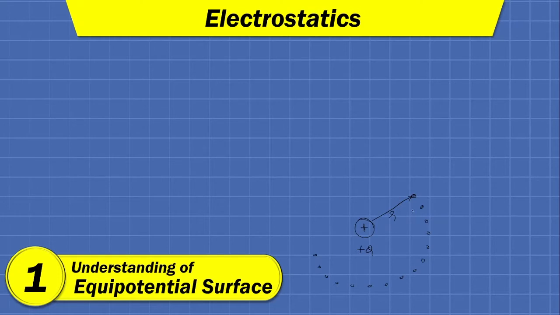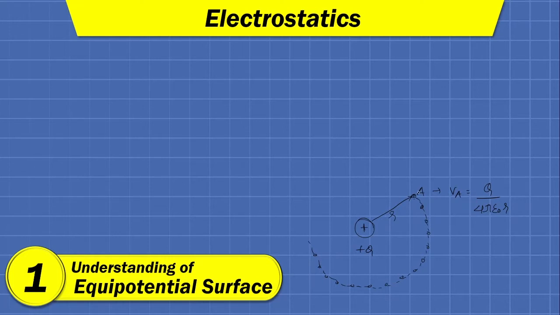Fine. So if the value of potential at this point, say point A, is VA, which is nothing but q upon 4 pi epsilon naught r, then each and every point on this circle will have the same value of potential as VA.